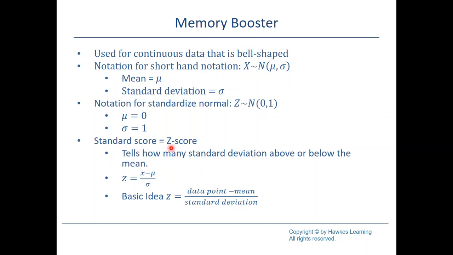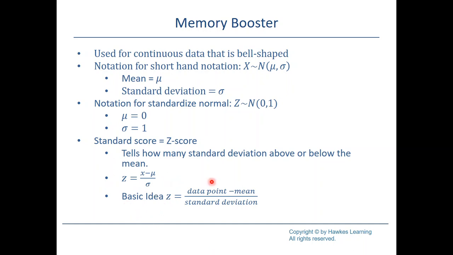Remind yourself that a standard score, also known as a z-score, tells us how many standard deviations we are above or below the mean. If we're above, it should be a positive z-score. If we're below, it will be a negative z-score. And we just have that basic formula. This is not a new formula, but it will come back and we'll make tweaks to it as we go through the course.